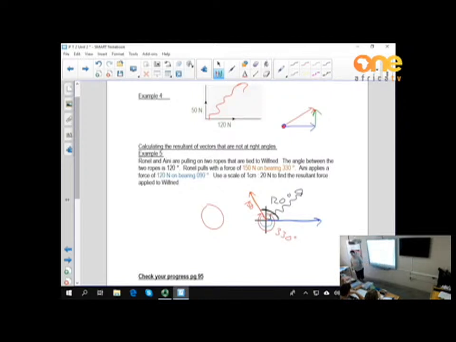Do you follow me? Okay? Aini applies a force of 120 Newton on a bearing. There we have the angle of 90 degrees. Use a scale of 1 centimeter being 20 Newton and try and find the resultant of the force.